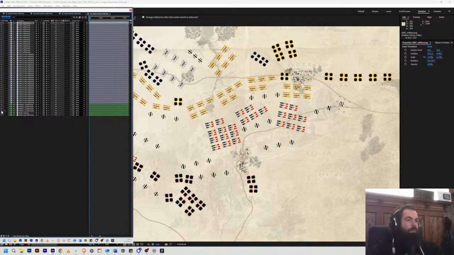Alright, where are we? So we have our artillery, our infantry, and we're missing the 2 cavalry units on the right side. Bring those in real quick.